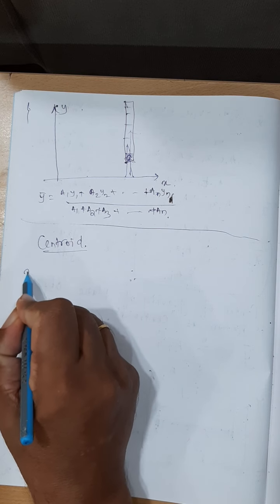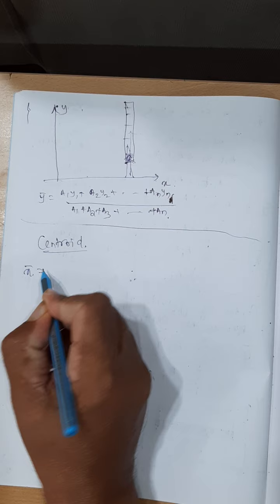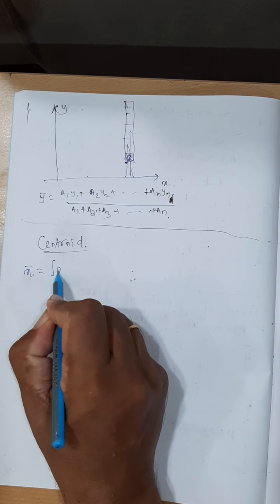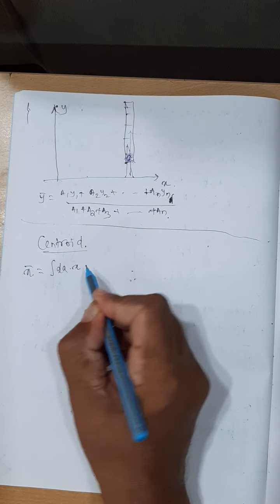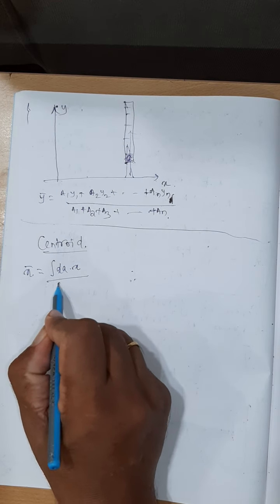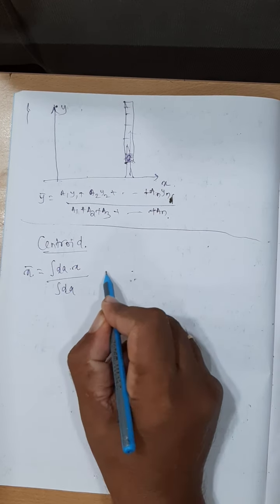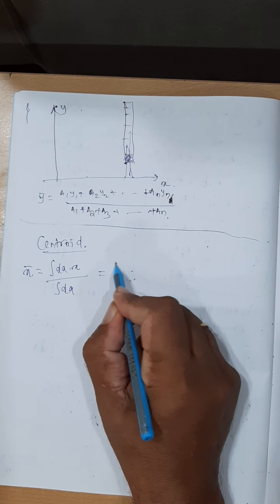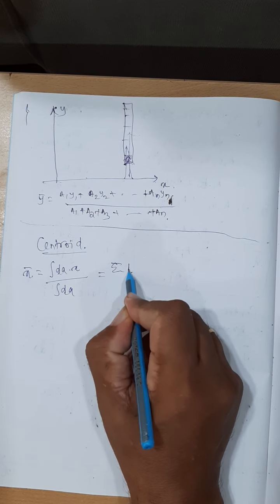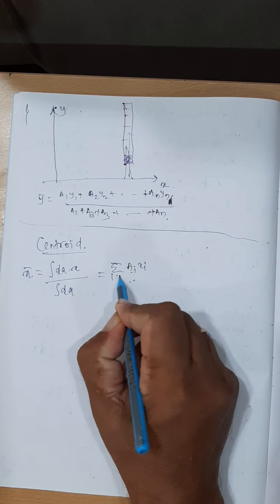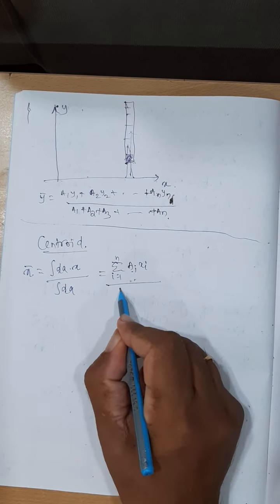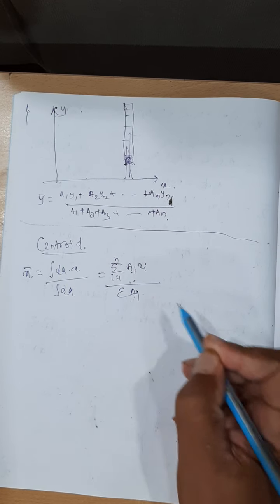The x coordinate of the centroid is given by x bar equal to the integral of x dA divided by the integral of dA, or the summation of ai xi, i equal to 1 to n, divided by the summation of ai.